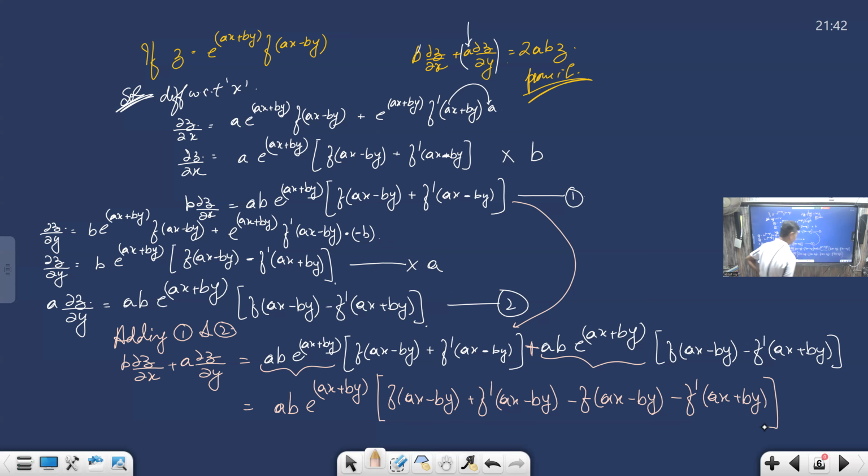Check it. And interestingly, these two terms cancel out. Hold on. This is minus, not plus. This is minus, not plus.